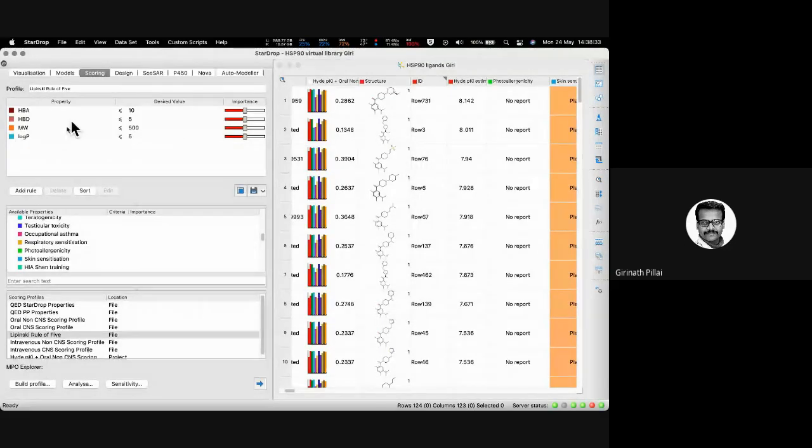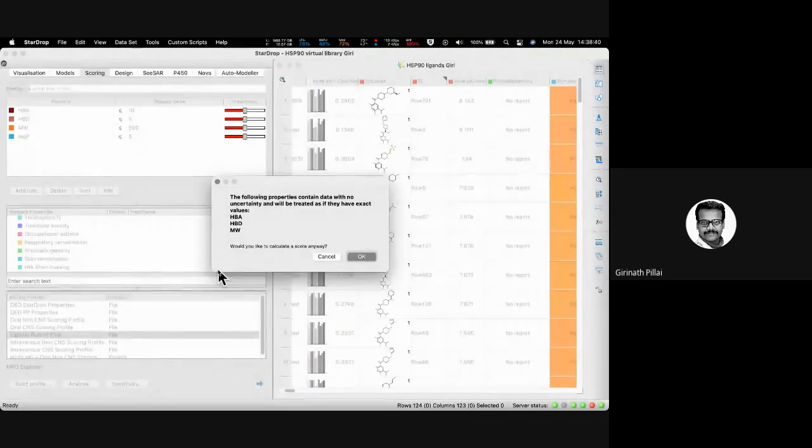So I want to do a Lipinski rule of 5. The same rule is being set. I'm just running it. That's okay, because hydrogen bond donor, hydrogen bond acceptor, and molecular weight will not have any standard deviation, because they are not derived from any models, but are exactly extracted from the structure. So we don't have a standard deviation.